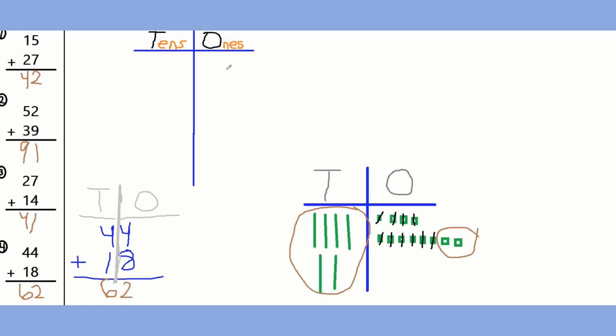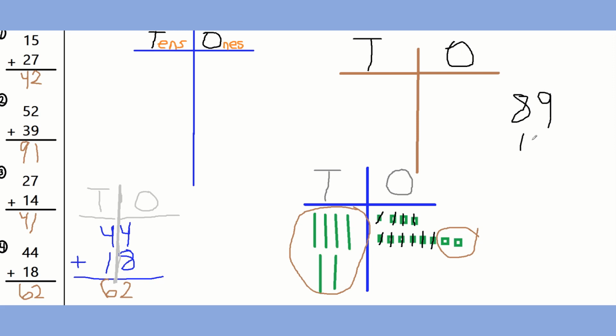You guys are absolutely wonderful. I really hope that you get this. And remember, a tens chart is easy. It is just a line across and a line going down. And then on the left we write a T for our 10s and an O for our 1s. And whatever the question is, if it says 89 plus 13, all we got to do is draw that line down and do the same thing so we can see where everything is.